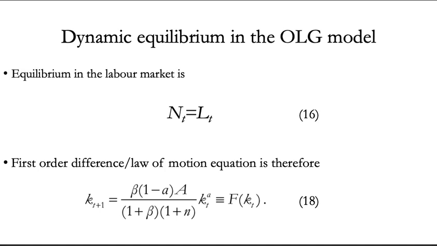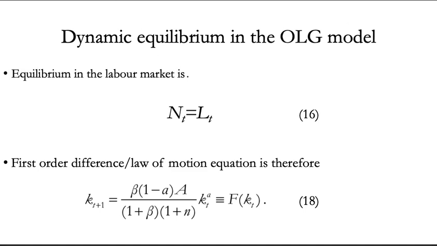We also have seen the setup for firms and how they maximize profit and decide the return to capital. Then we have seen the financial intermediaries as well. So we have three things here. We combine all of them because we want to see the dynamic equilibrium in the OLG. Once we have the dynamic equilibrium of the OLG, we can come up with the law of motion equation. So how do we come up with this? Let's begin with this.